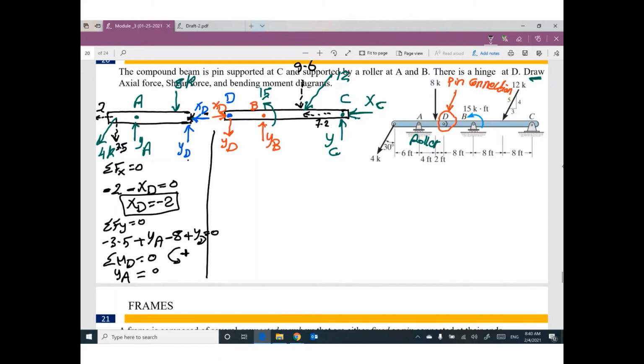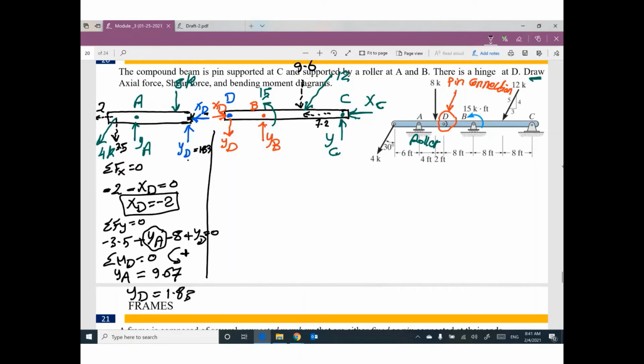This one will be 9.67. If you put here YA 9.67, you can get YD. It will be minus 3.5 minus 8. It will be 1.83. So YD equals 1.83.